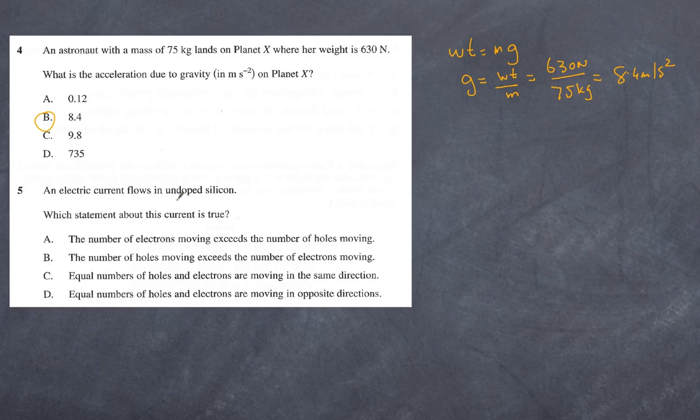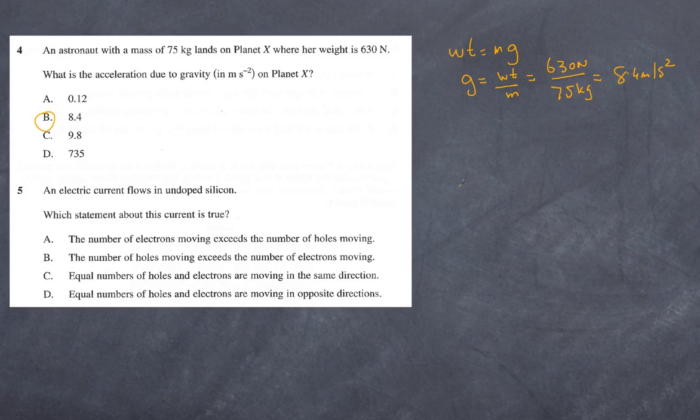Question 5. An electric current flows in undoped silicon. So we have an intrinsic semiconductor. We have a band structure where you have electrons in the conduction band, and the holes are created from those electrons moving from the valence band. So you have two flows going on.